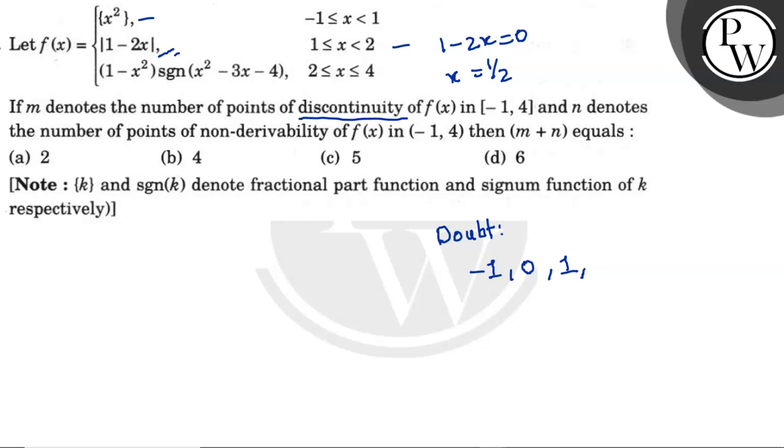This modulus function is continuous everywhere within the interval. Now the signum function, if you see, then the other point of discontinuity would be at 2.